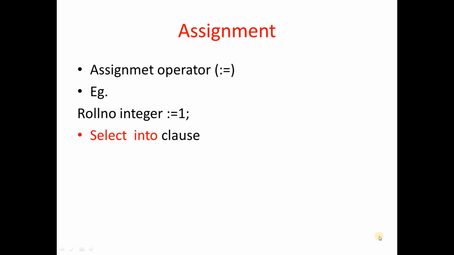If you have to access a value from your database, then we use a select into clause. If you have to explicitly assign some value to a variable, then we use the colon equal to operator. If you want to fetch some value from the database, then we use select into clause. How to use the select into clause, we will see in the next video.